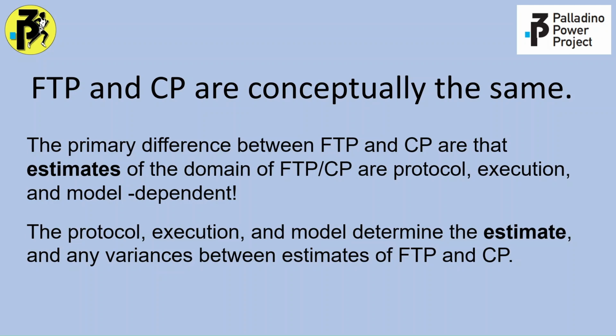So the difference between FTP and CP is the way that estimates will result in the number. The estimates are going to vary from protocol, execution, and model, and they're essentially conceptually the same. Any variances are because of protocol, execution, model.